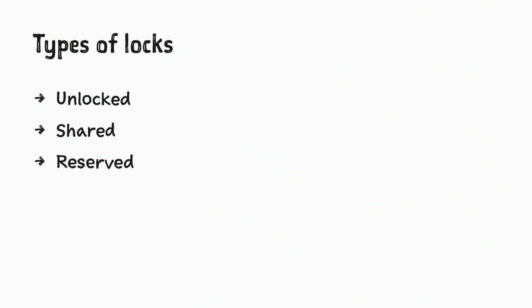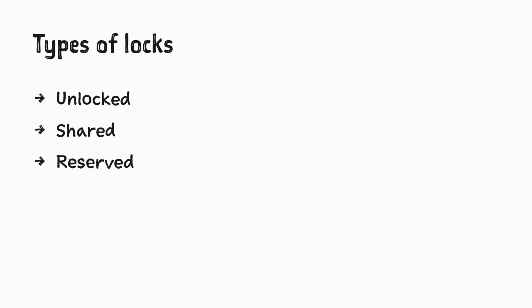The third one, and you're noticing that we're escalating here. We're going through the least restrictive one, and we're just upping it to more and more restrictive locks. The third one is called reserved. A reserved lock means that a thread is planning on writing to the database file at some point in the future, but right now it's not. It's only reading from the file. We'll see how that comes together in a little bit, and when we are getting this type of lock and the locks after that.